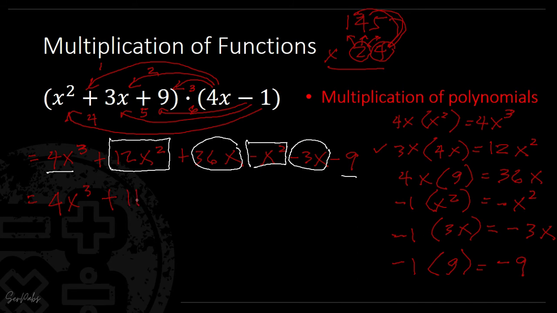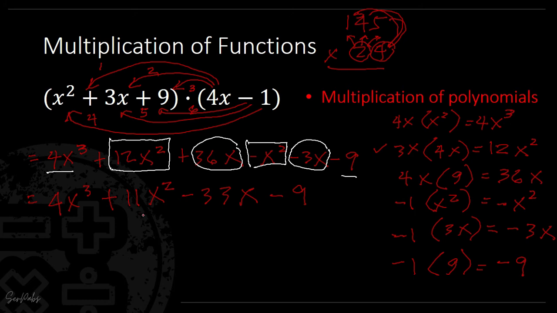Positive 11 and then copy x squared. Sunod 36x minus 3x, so 36 minus 3, we have 33. And then copy x. Si negative 9, walang kamukha, kukopihin lang din. So we have negative 9.